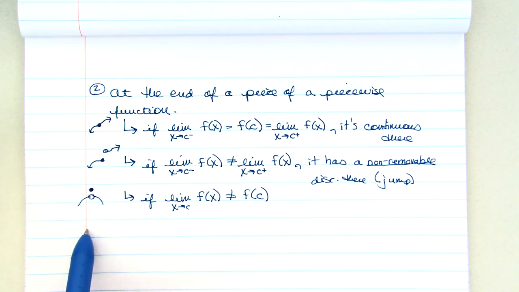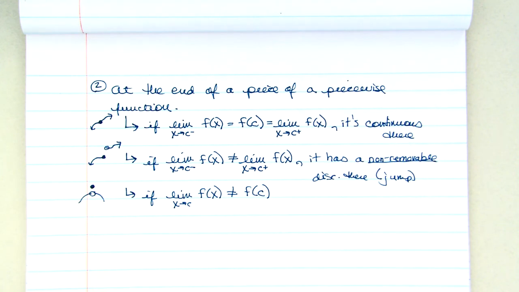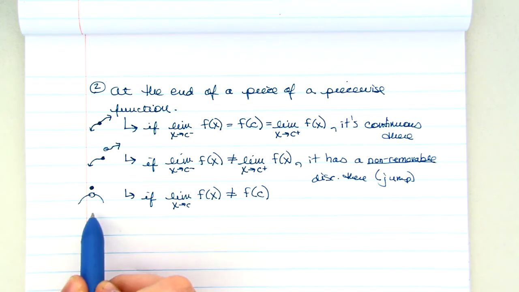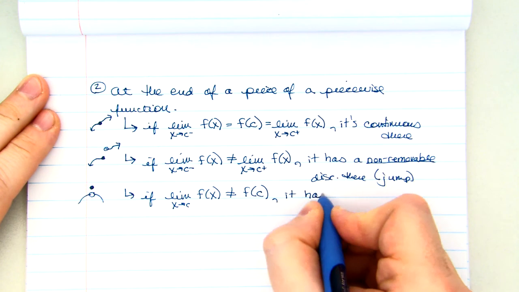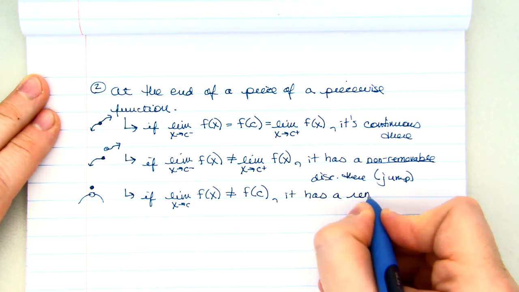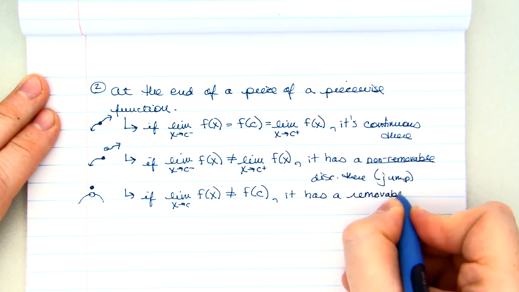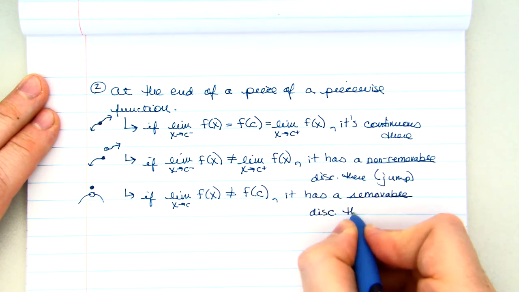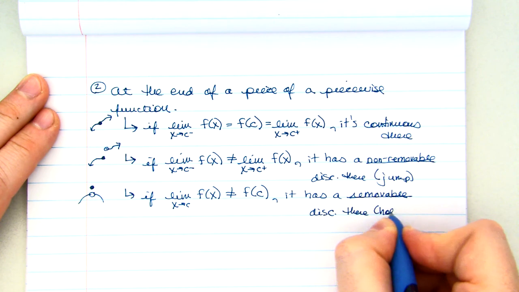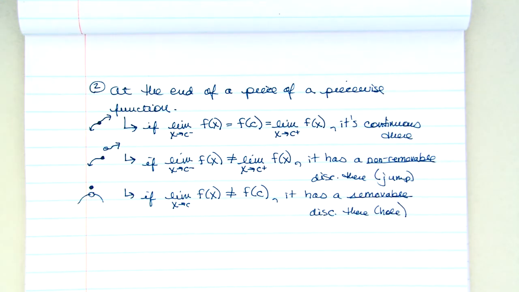Discontinuous or continuous? Discontinuous. How? Removable or non-removable? Removable. You can fix it at that one point and things are good. It has a removable discontinuity there. And again, in this case, it's a hole.